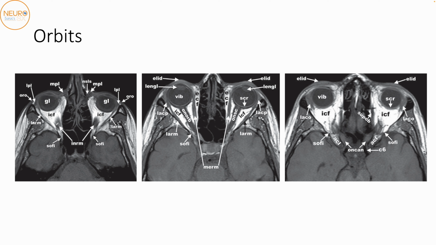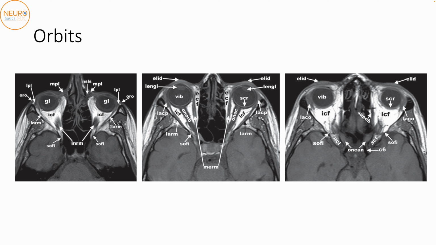Okay, now coming to the orbits. So these are T1 images without fat suppression. Okay, so we can make out the different structures that we can see on the orbit as we go from inferiorly to superiorly.